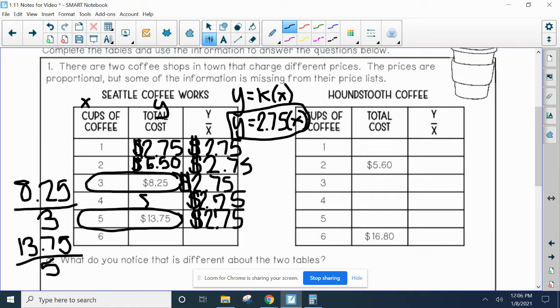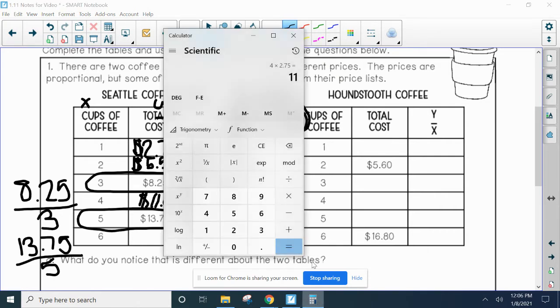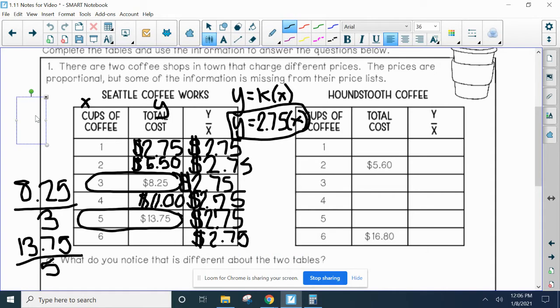And let me turn my pen back on because it turned off for some reason. $11. And I don't know why I didn't fill my constant in here. And we're going to say 6 cups times 275 per cup left us with $16.50.